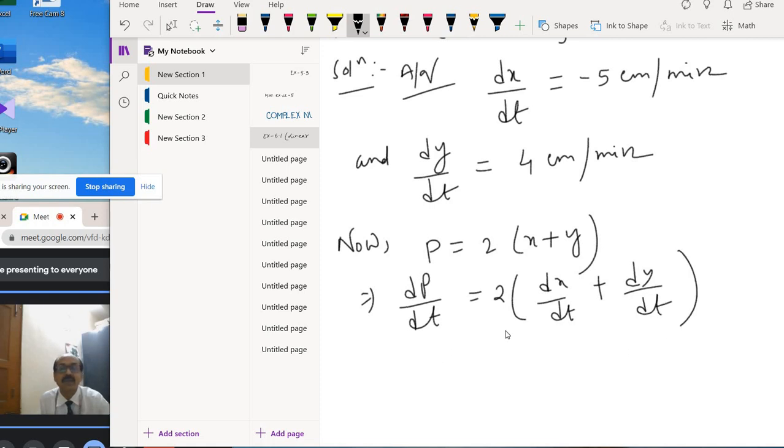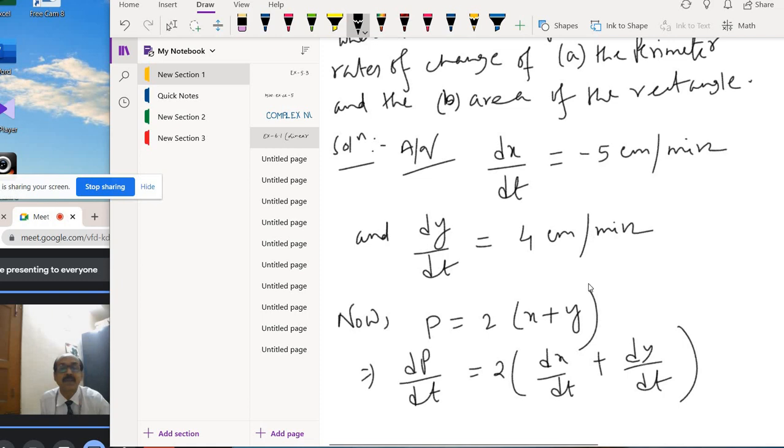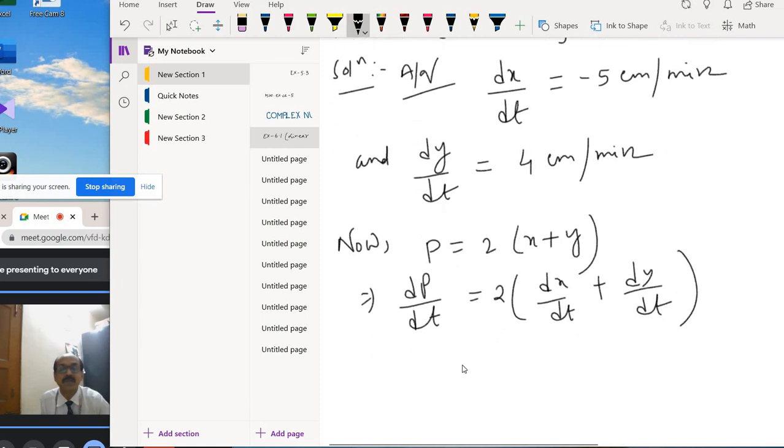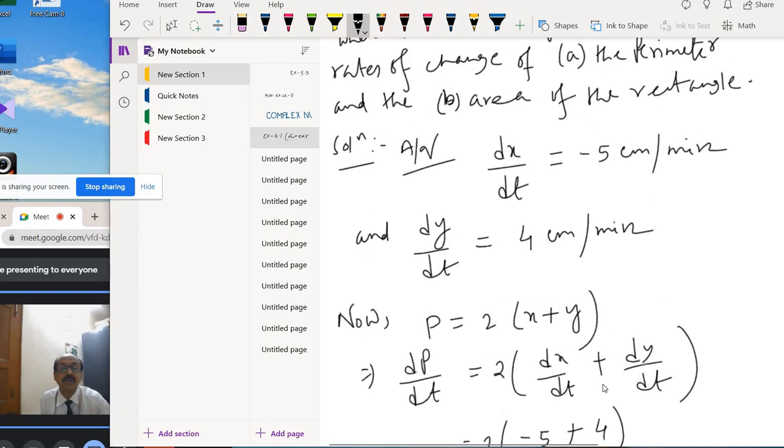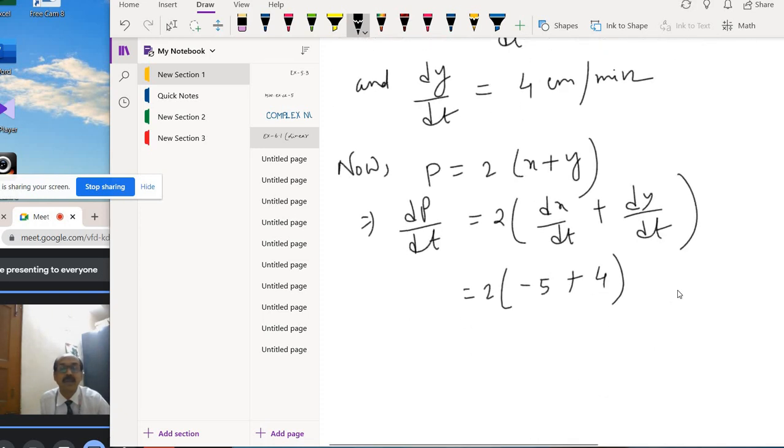Okay, so dx by dt equals minus 5 and dy by dt is 4, so equals 2 into minus 5 plus 4, which is minus 1, that is minus 2.